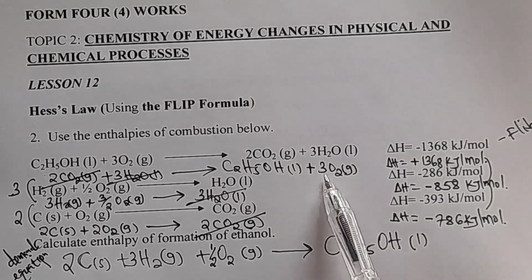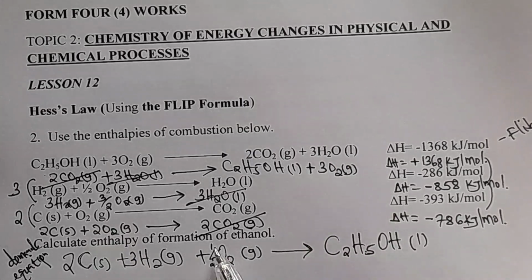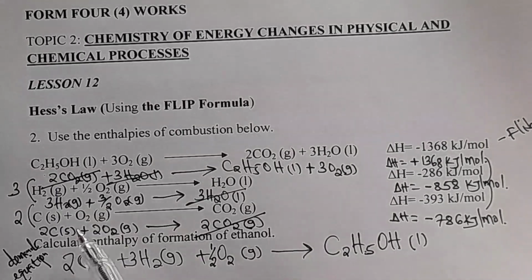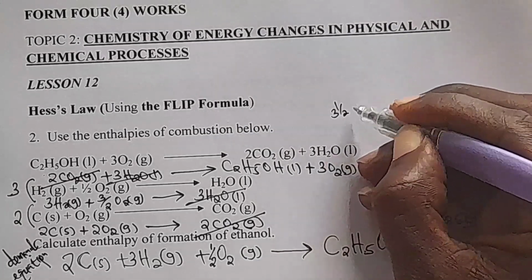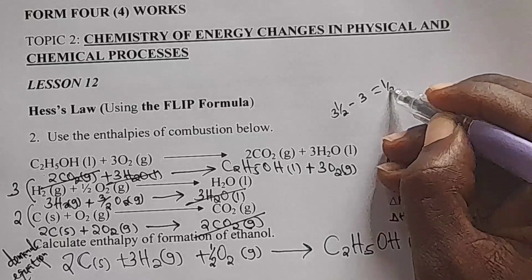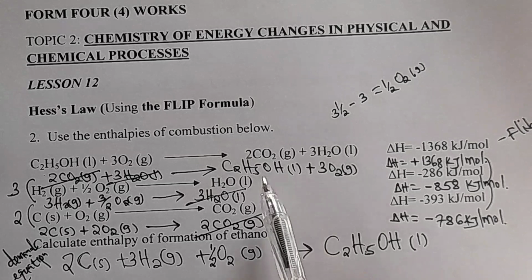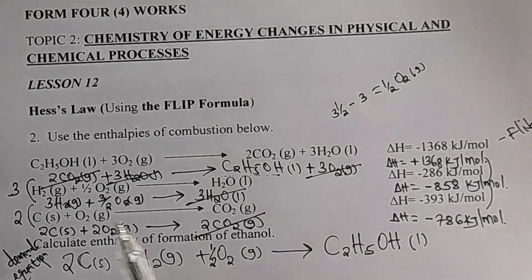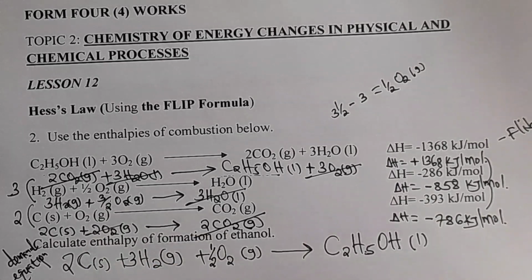So you are supposed to remove 3 of oxygen so that you remain with 1/2 of oxygen. So that means you take 3.5, then you subtract 3, you remain with 1/2 of oxygen gas. And on the product side, I'm remaining only with this ethanol because the oxygen gas has gone with these 2 and also 1/2 of that.